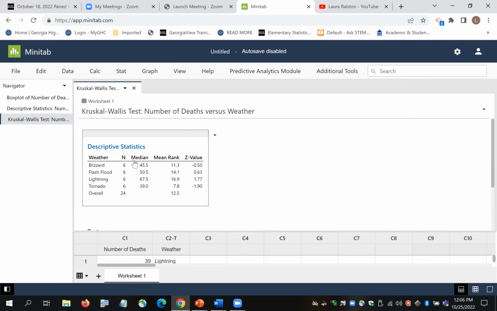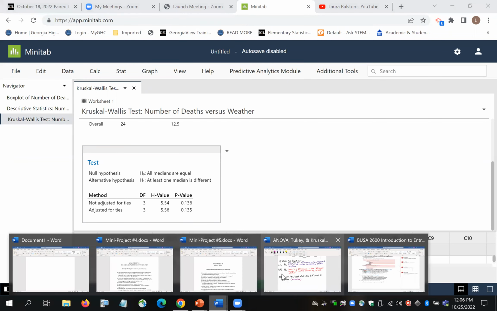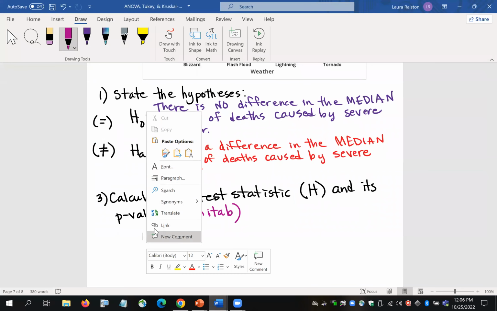Okay, it does give me the descriptive statistics, figures the median for each group. It gives me the average or the mean rank. So it gives me some information, but what I need is the value under the test.